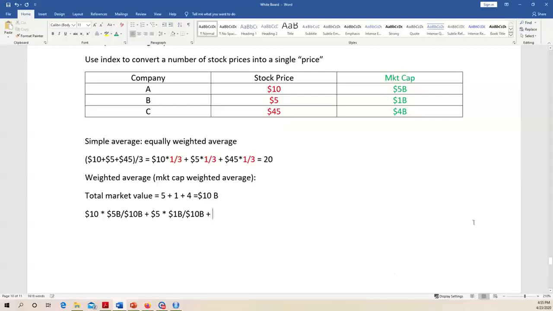Plus the last component, company C. Its market price is $45 right now, multiplied by the weight for company C. The weight is set by its own market value divided by total value. So its own value is $4 billion US, divided by the total value among the three, $10 billion US.